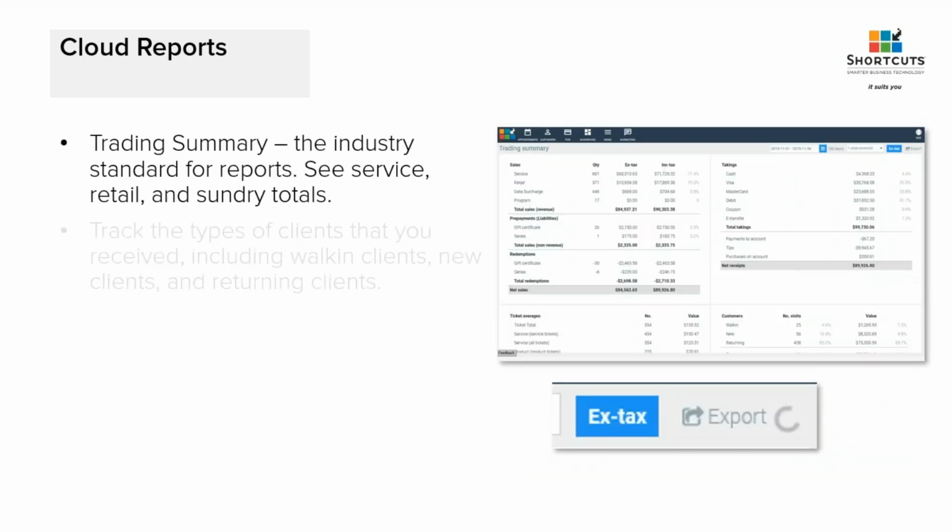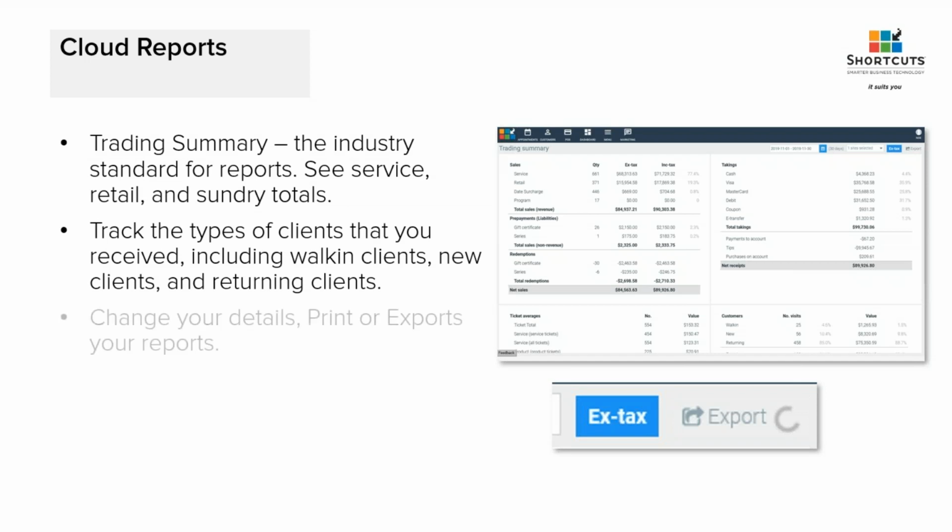The trading summary. It's the gold standard of shortcuts reports. It is your snapshot of how exactly your business did that day. And similar to the trading summary in the point of sale, it's accurate up to that moment that you run the report. So if I were to run Tuesday's reports, it would be accurate as of everything that my business has done up to 9:20 this morning.